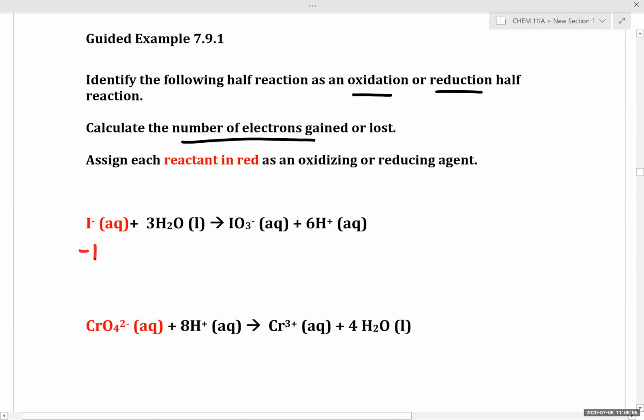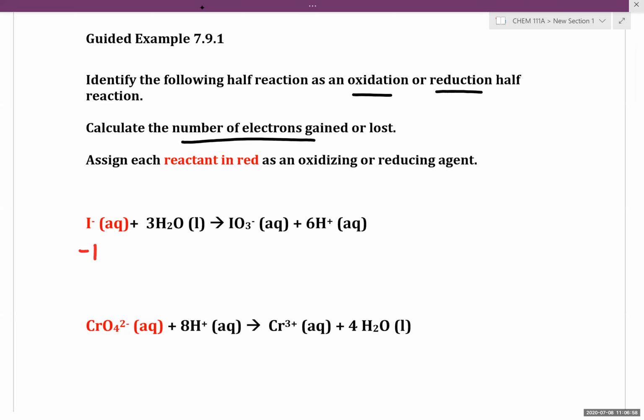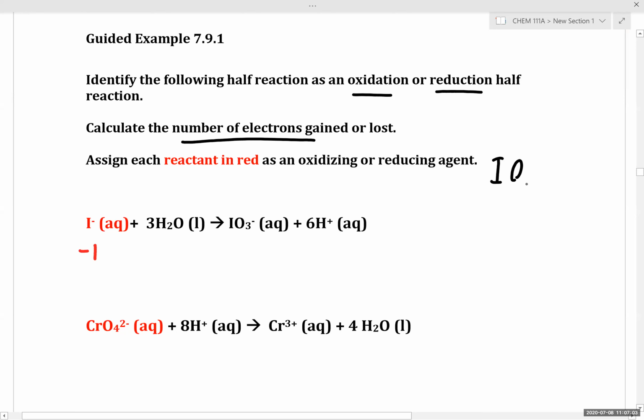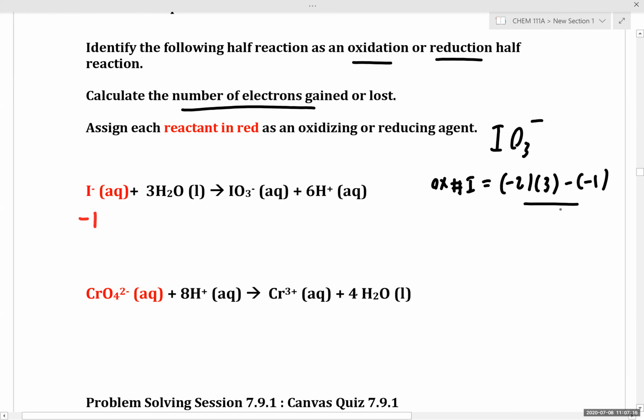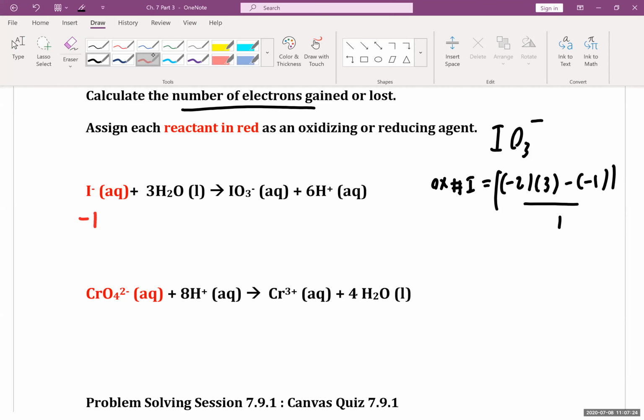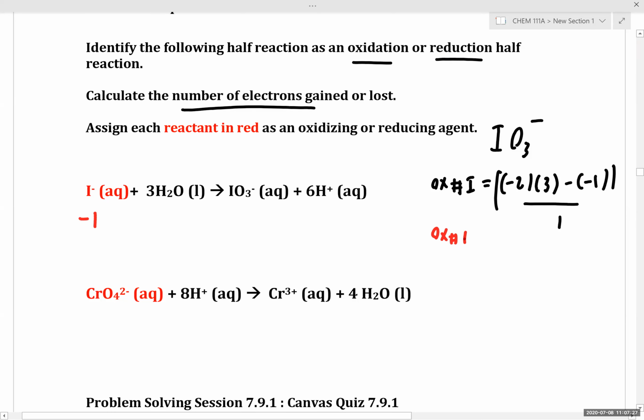So iodide, it's -1. In iodate, which is IO3-, the oxidation number of iodine is equal to the oxidation number of oxygen times the number of oxygen atoms minus the total charge over the number of iodine atoms. And that in turn, if we punch this into our calculator, gives us an oxidation number of iodine of +5.